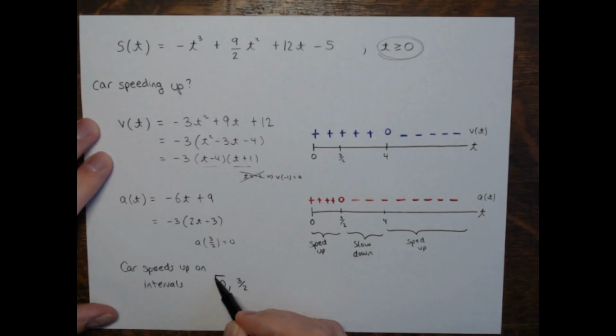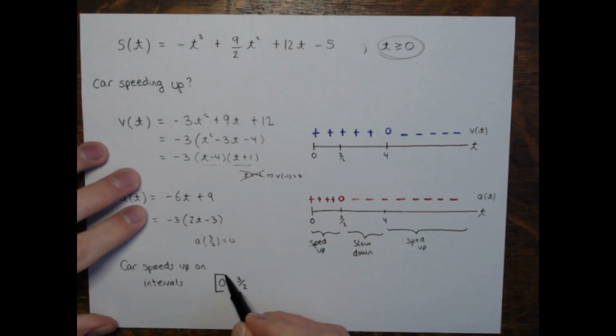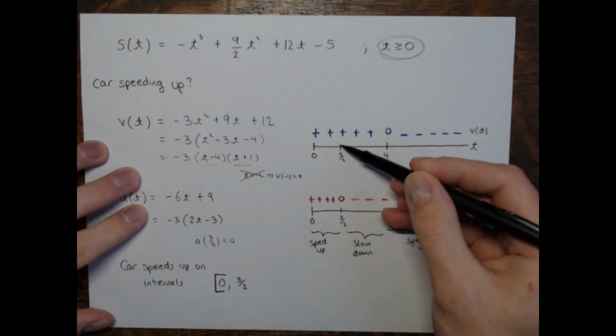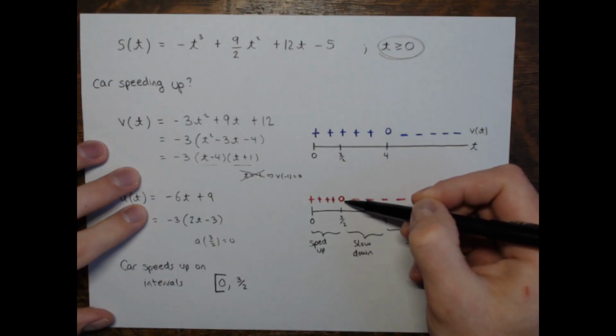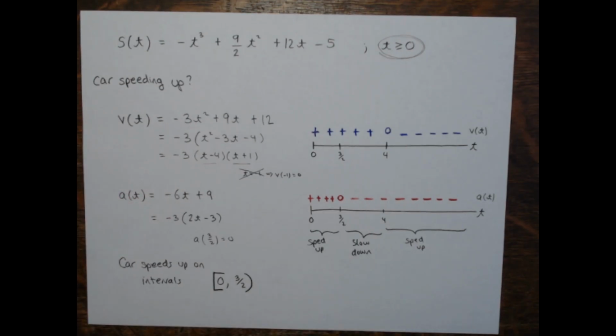So bracket, right? 0 is a time where the car would be speeding up, where the velocity and acceleration have the same sign. So again, I'm using a bracket on that, not parentheses. At 3/2, the velocity is positive, but the acceleration is 0, which is neither positive nor negative. So they don't have the same sign or opposite signs there. So I'm not going to include 3/2, parentheses on 3/2 seconds.